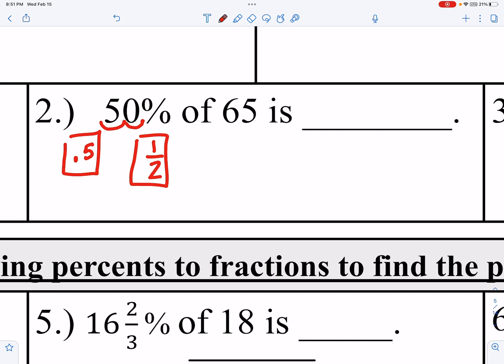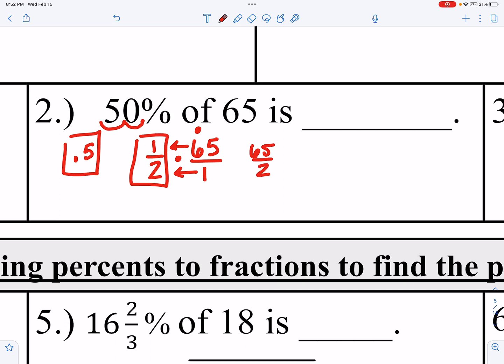And what you realize also is that of means multiply. And so 1/2 of 65, well, you know what half of 65 is. If I write it as 65 over 1, half of 65 just means I'm doing 65 divided by 2. Because imagine I merge these together, 65 times 1, 2 times 1, and we end up with 65 divided by 2.